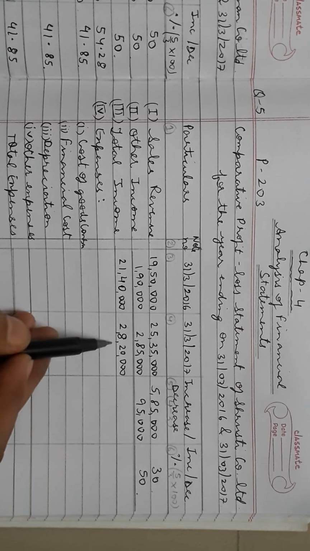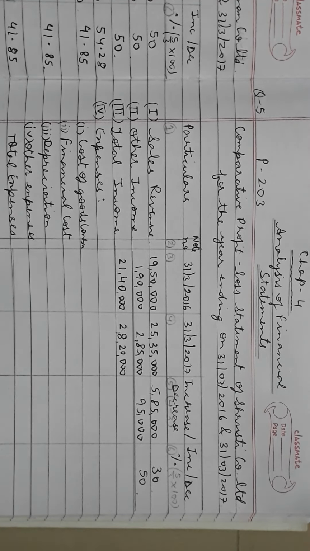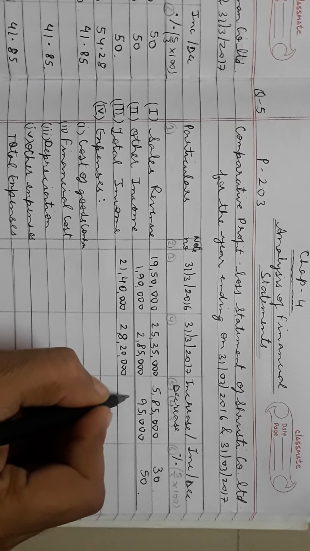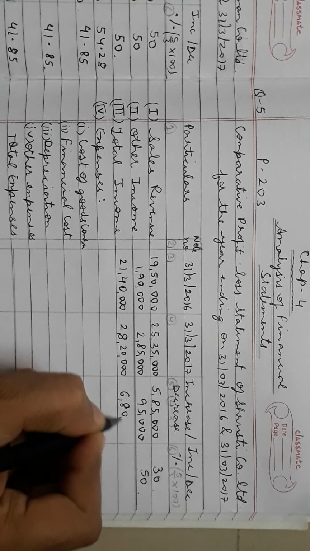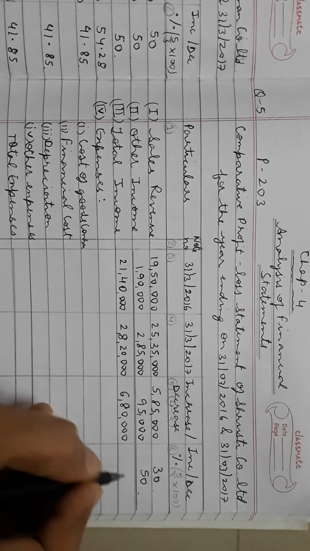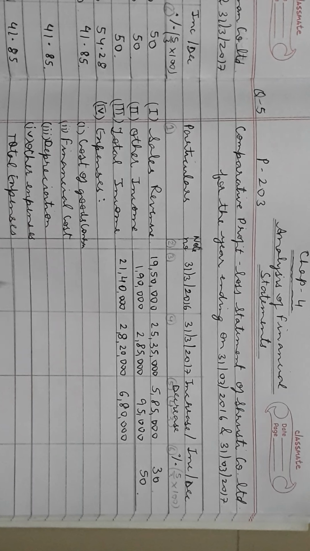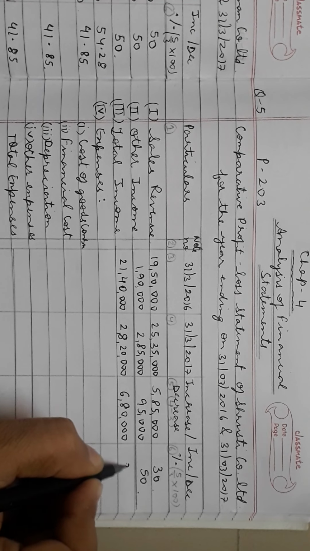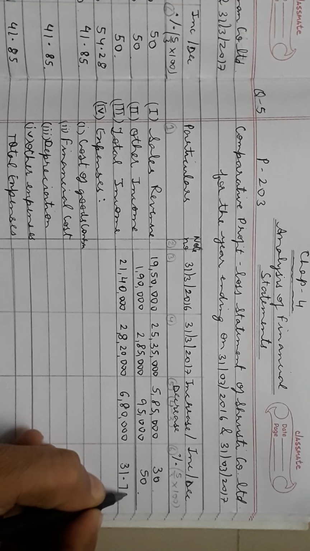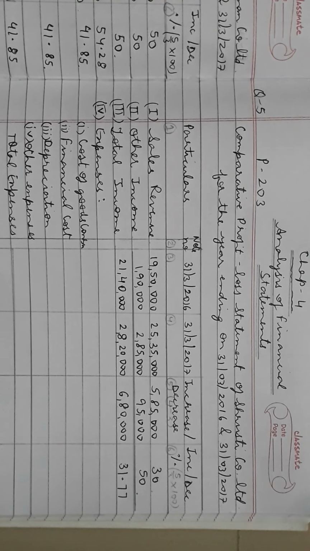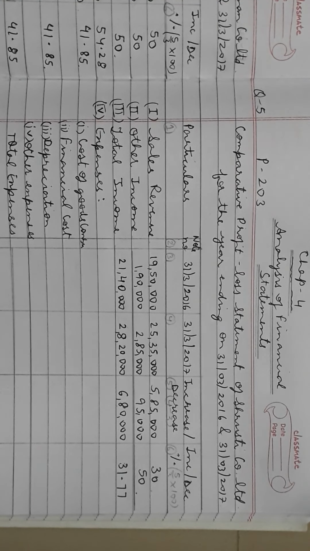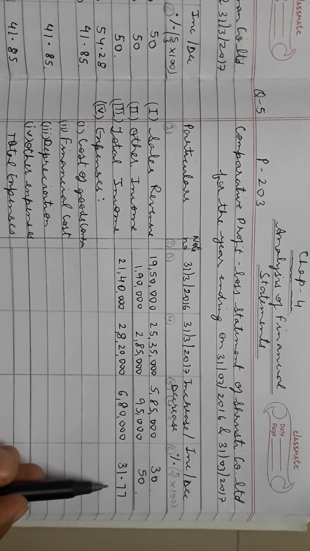Increase decrease figure, 28,20,000 minus 21,40,000, that is 6,80,000. Increase decrease percentage, 6,80,000 divided by 21,40,000 into 100. So that is 31.77. You can take a round figure also here.